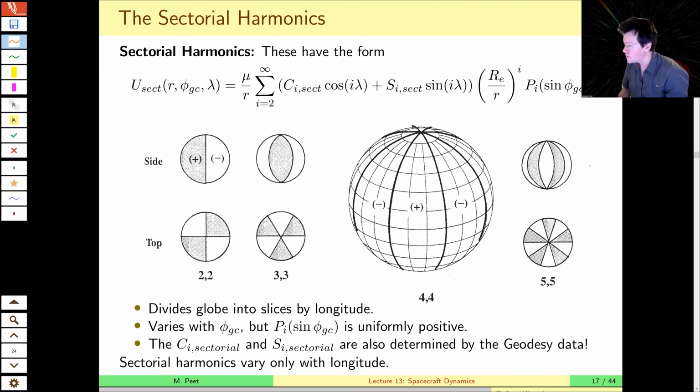So those are the zonal harmonics. The sectorial harmonics vary primarily with longitude, right? They do vary with phi as well.